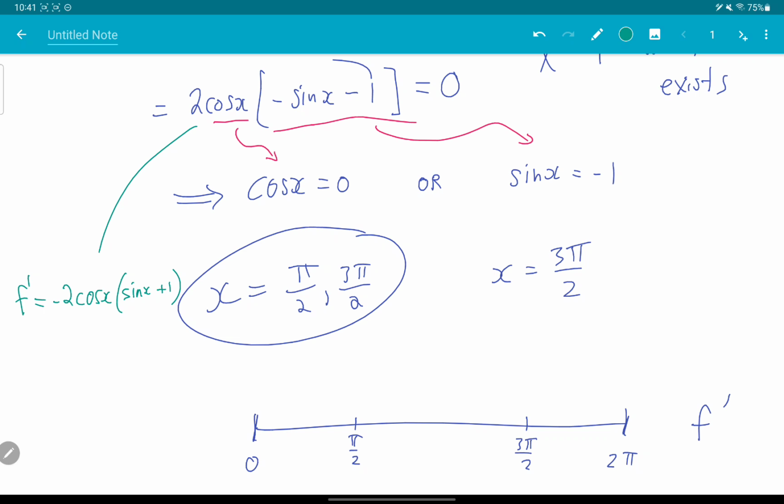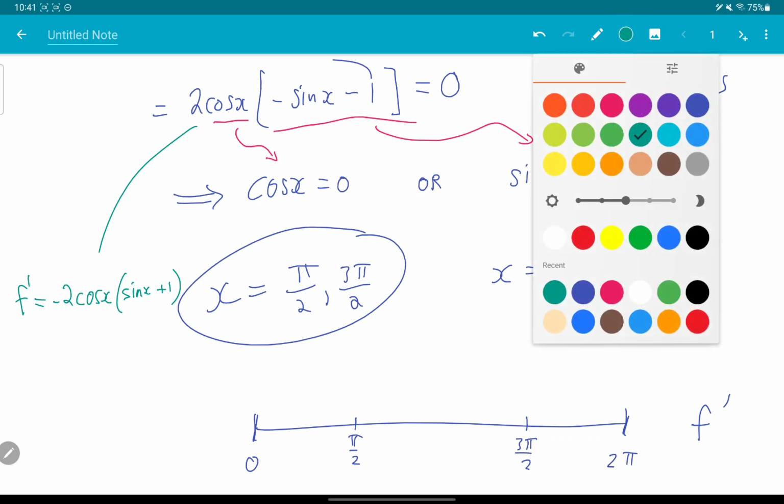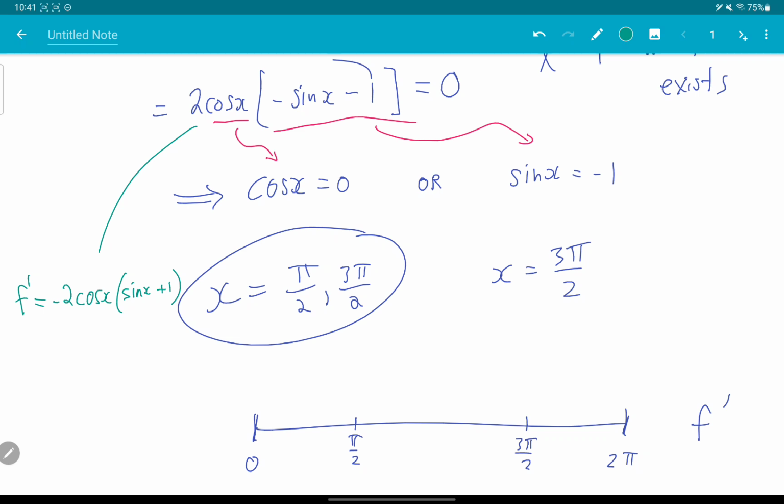So doing test points, I can do pi over 4 here. Pi over 4 would be here. Pi is about there. And what should I do over here? This is a bit awkward.